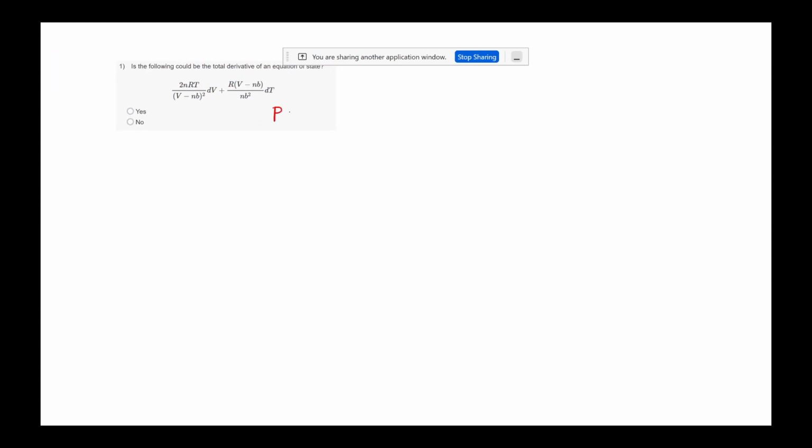So this is p equal to p(T, V, n), and you can see, let's say you can write p equal to RT by (v minus nb). This is the equation, right? There is no other thing.